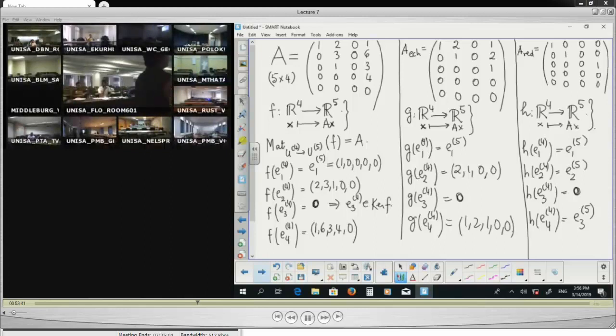Okay? So now, the next first thing that I need to assert or show is that every matrix can really be transformed into a row-reduced matrix.